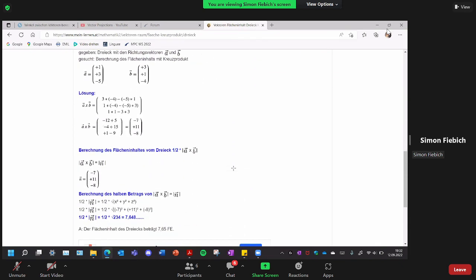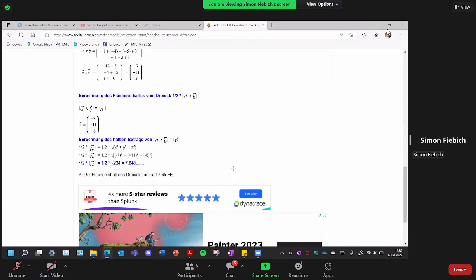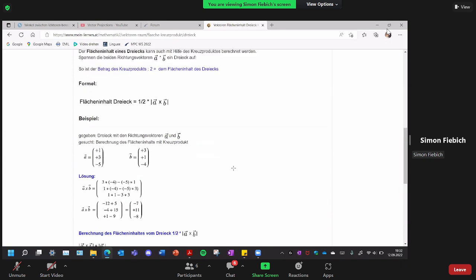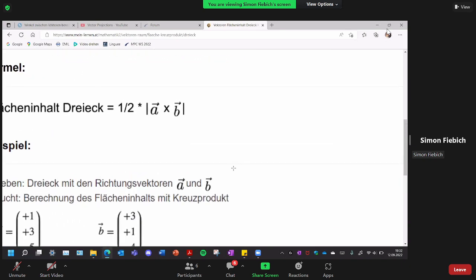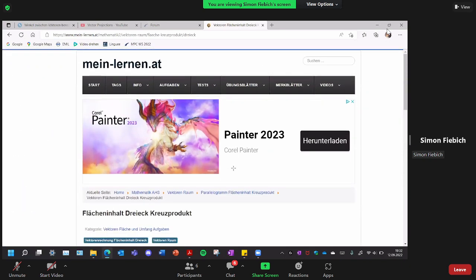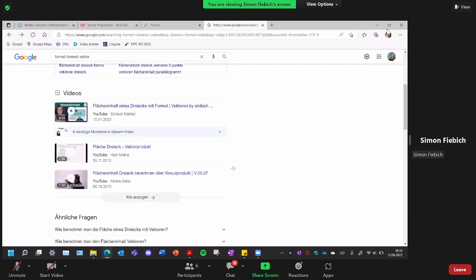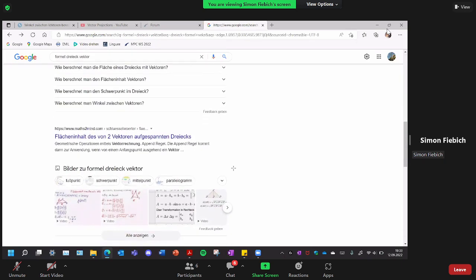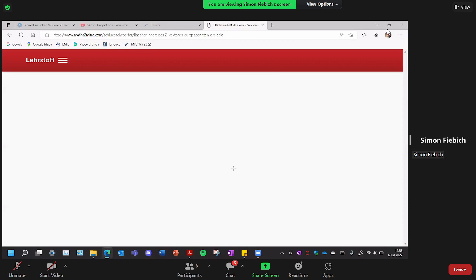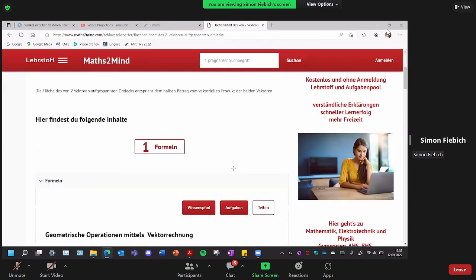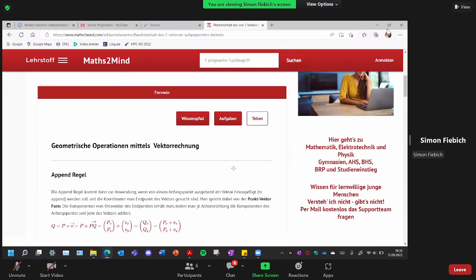Yeah, okay, this is another way to determine it. So that's the cross product, but we didn't talk about the cross product. No, actually, I was searching for this other term. Where is it?